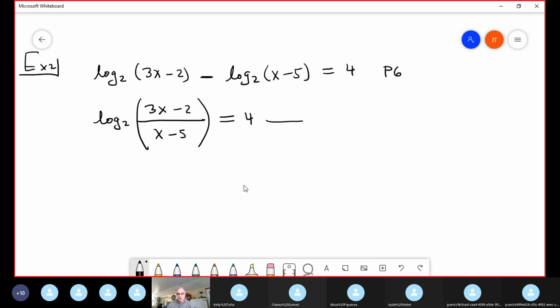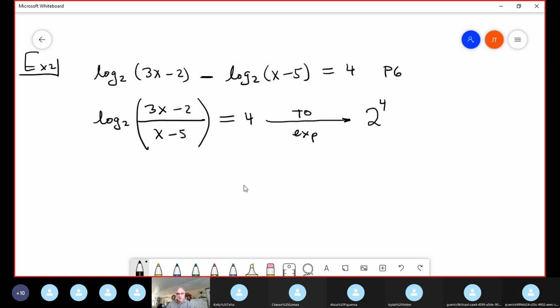Now this is a crucial moment in which you convert to an exponential statement. I ask myself, what's the base in this logarithm? It's 2. The small 2 is important; you put now a big 2. What is the exponent? The exponent is the answer of the logarithm, always, which is 4.